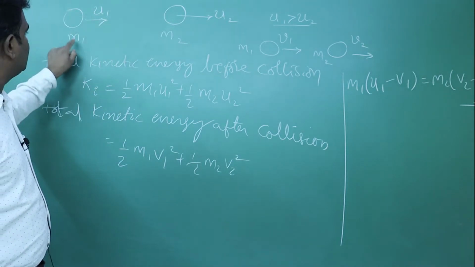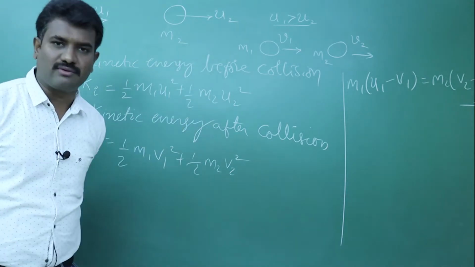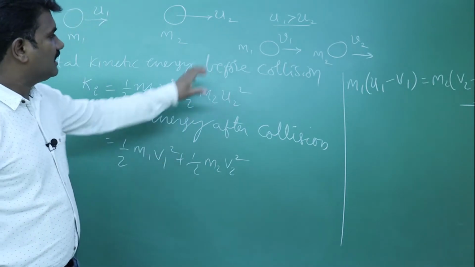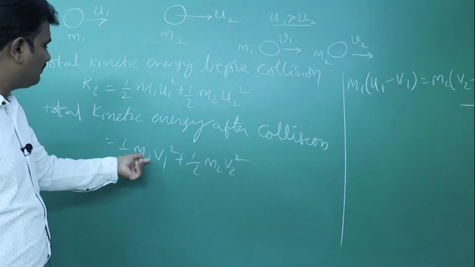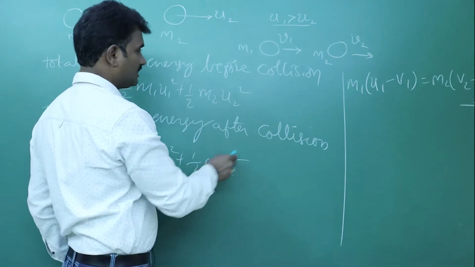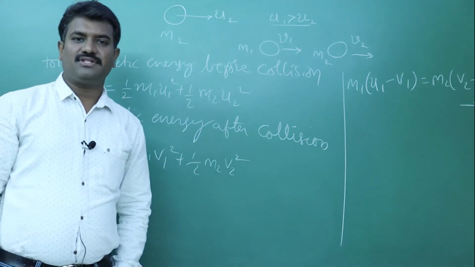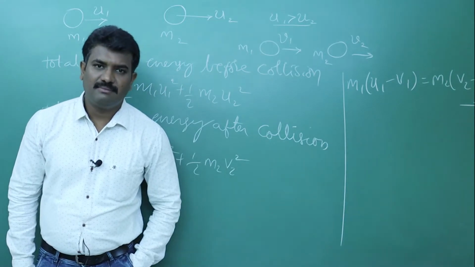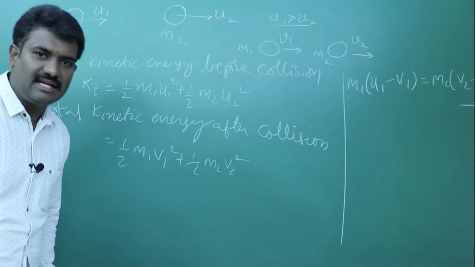The kinetic energy of the first body is half m1 u1 square, and the kinetic energy of the second body is half m2 u2 square. Now the kinetic energy after collision is the kinetic energy of the first body and the second body after collision, that is half m1 v1 square plus half m2 v2 square. As per our definition, the total kinetic energy is also conserved, so I am going to equate these two.